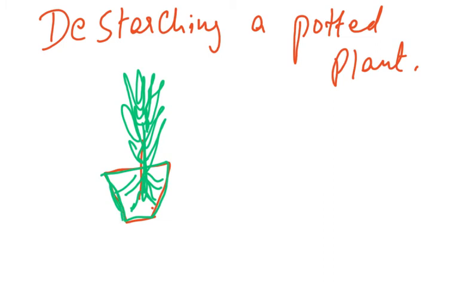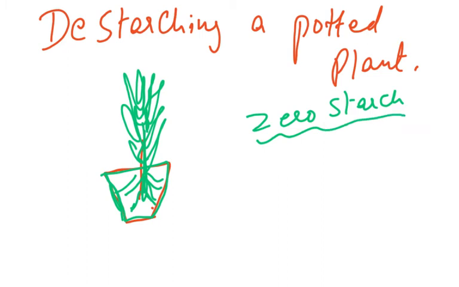Now, why do we need to destarch a potted plant? We want zero starch because we're going to set up the experiment, and then we're going to say, okay, now this happens, so it is photosynthesizing, so it is producing glucose, and the glucose is being converted to starch. But before we start the experiment, we need to ensure that there was no starch present initially.